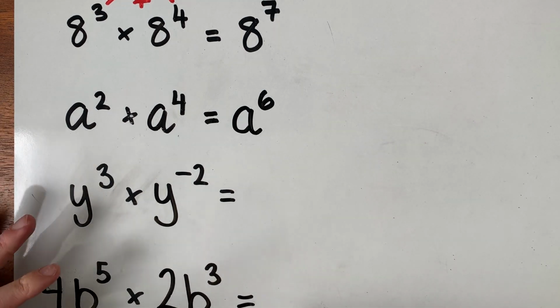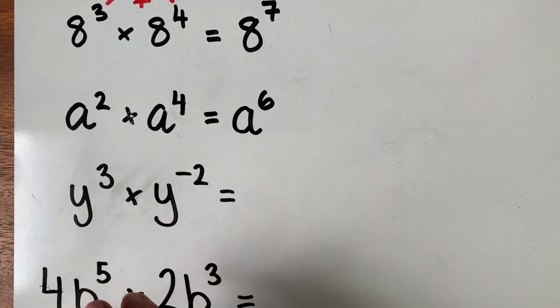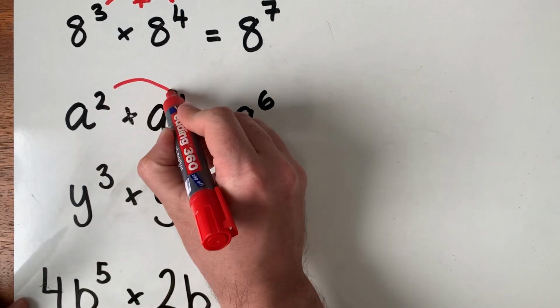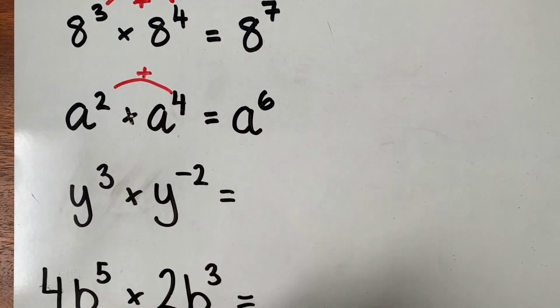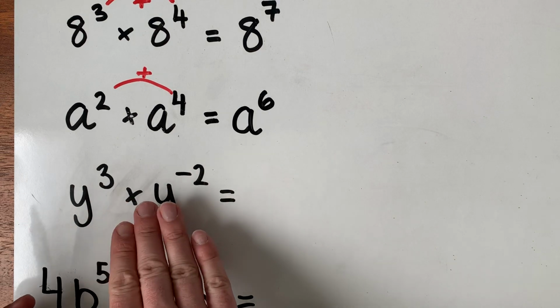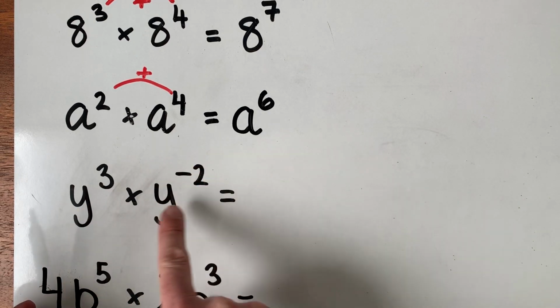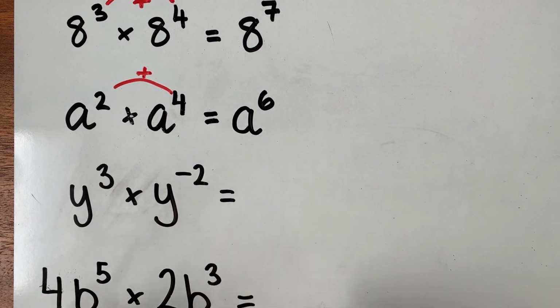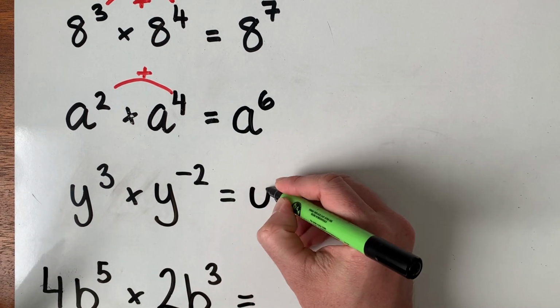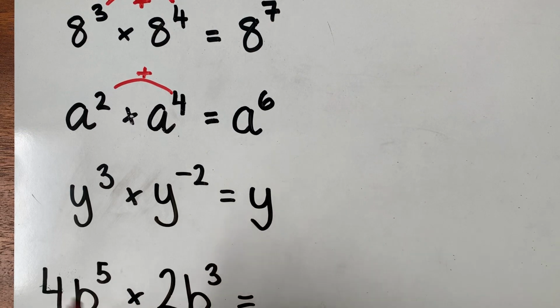On to a couple of trickier examples now. We need to understand the rule that what we're doing when we multiply these things is adding these indices together. What makes this one a bit trickier is that we've got this negative value here next to this second y. The rule's the same though. We're multiplying y's together, so it's still going to be some quantity of y's.